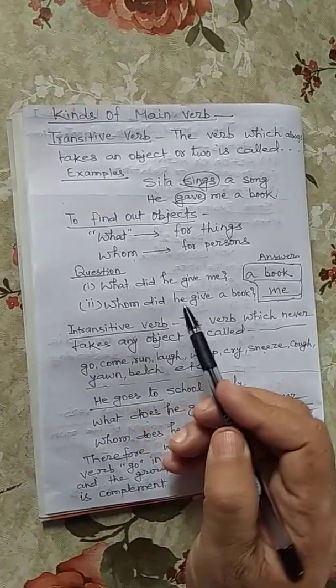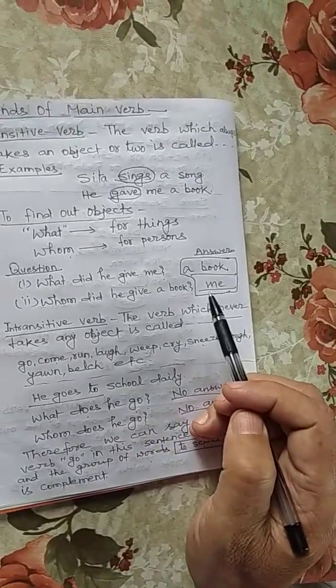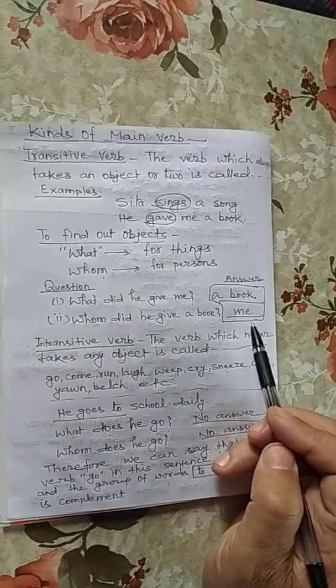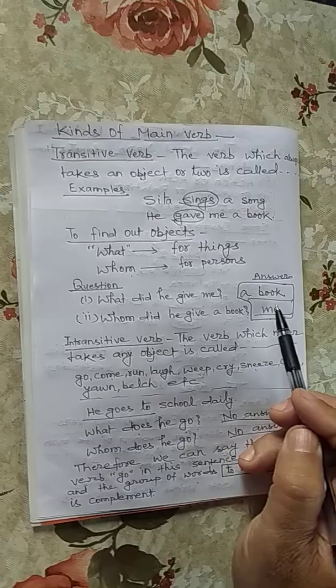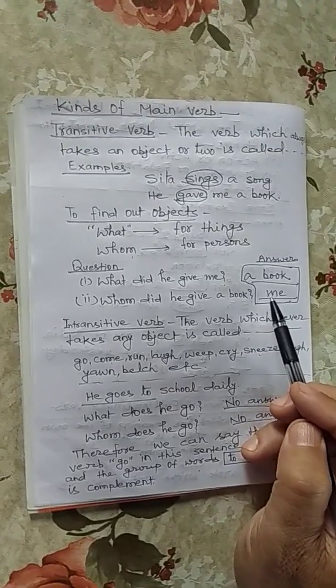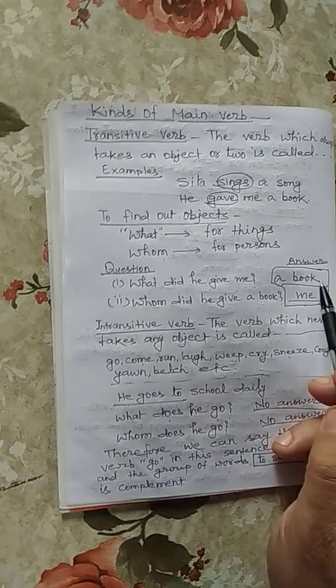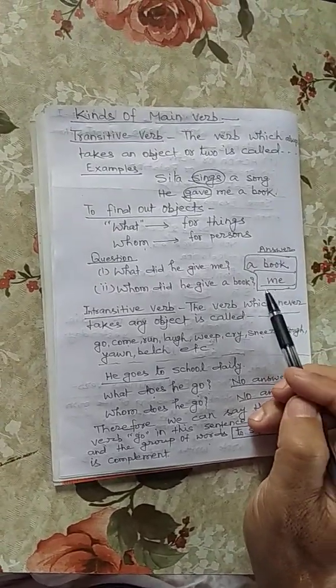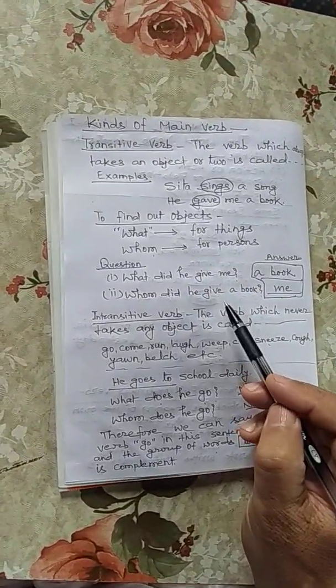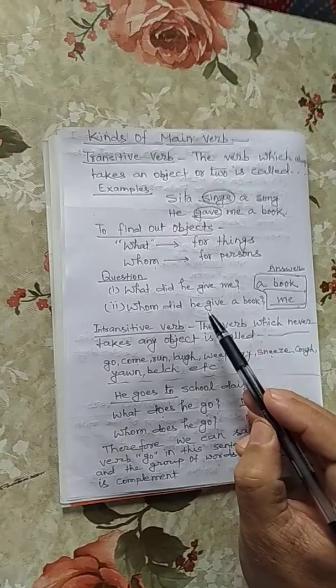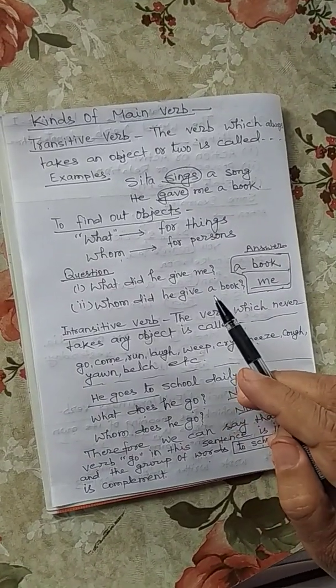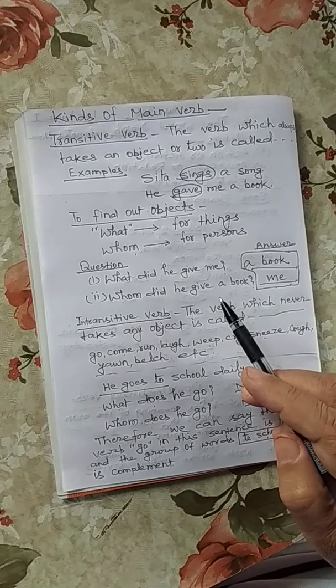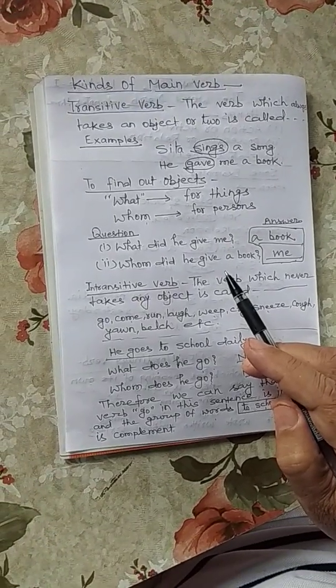Question: whom did he give a book? Me. So we can understand that the verb give has two objects. First one a book and second one me. So these two are objects, and therefore, the verb give is a transitive verb.